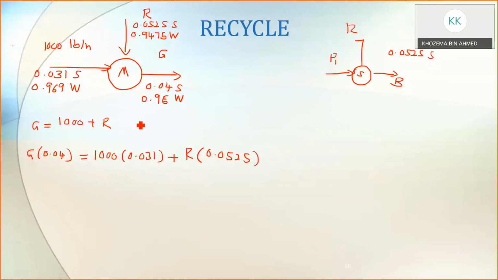Now this is my equation 1 and this is equation 2. Now solving these equations, my R is equal to 720 pound per hour.